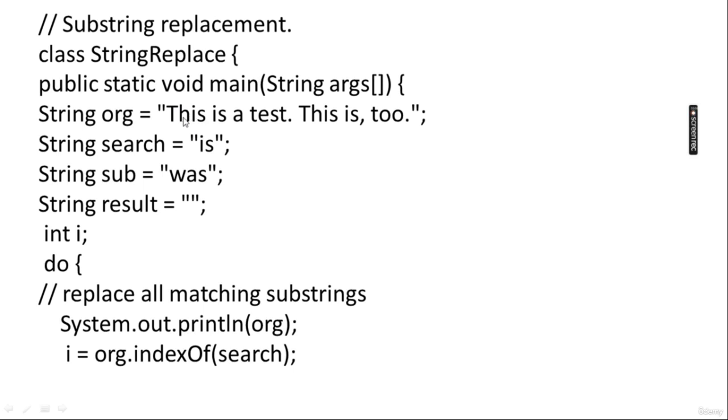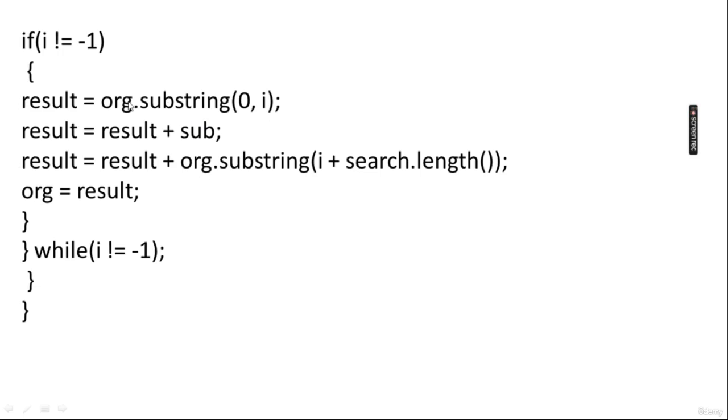From 0 to 2, that is index 0, 1, it will give you "th". Then result plus substring: "th" will be stored over here.